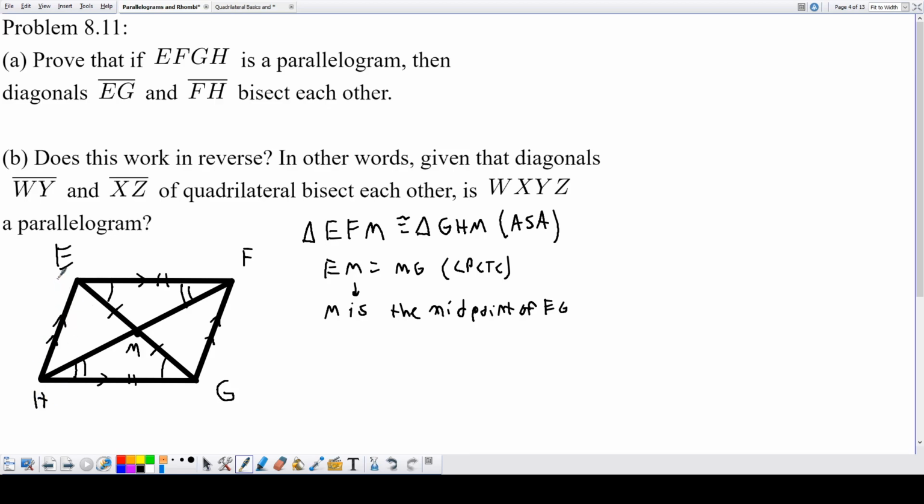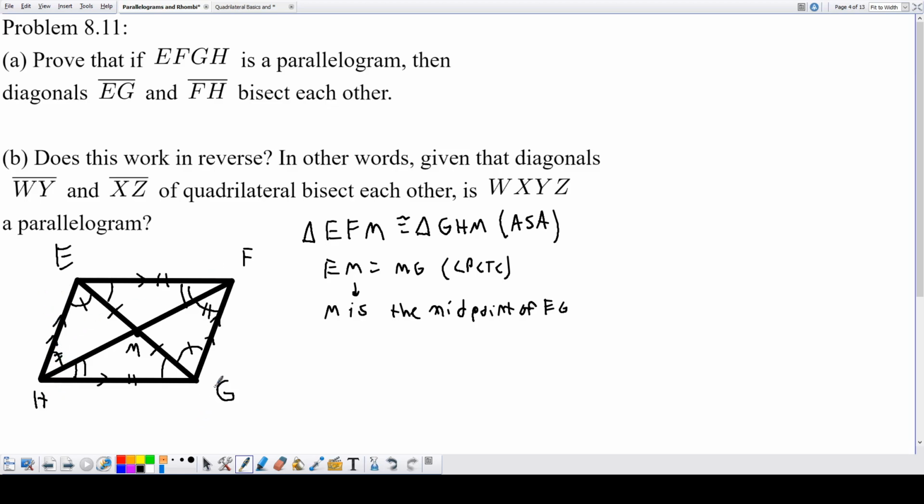So HEG is going to be the same as EGF, alternate interior angles, and similarly HFG and FHE are also the same.